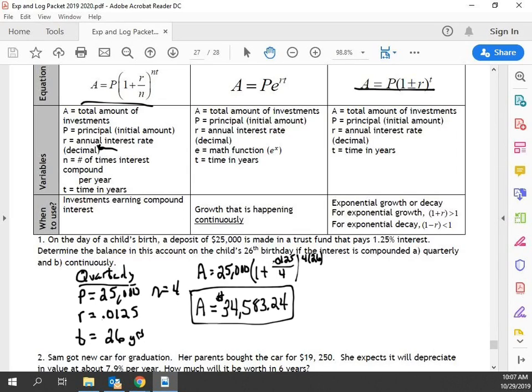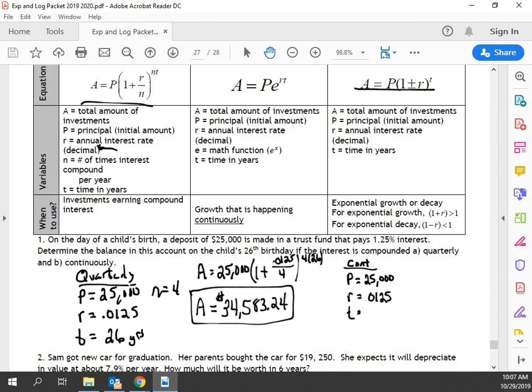So let's look at if this was compounded continuously. We come over here and look at continuously. Again, our principal is $25,000. Our rate is 0.0125.